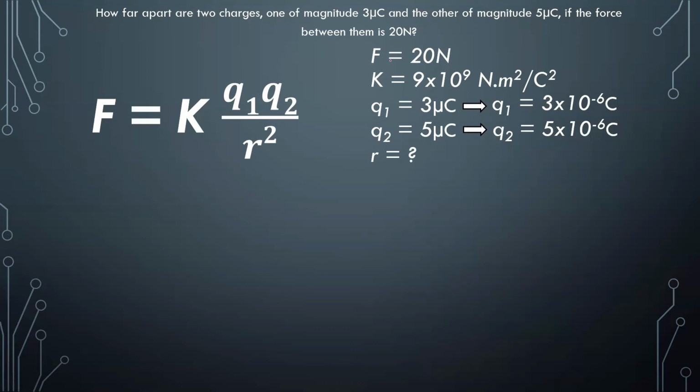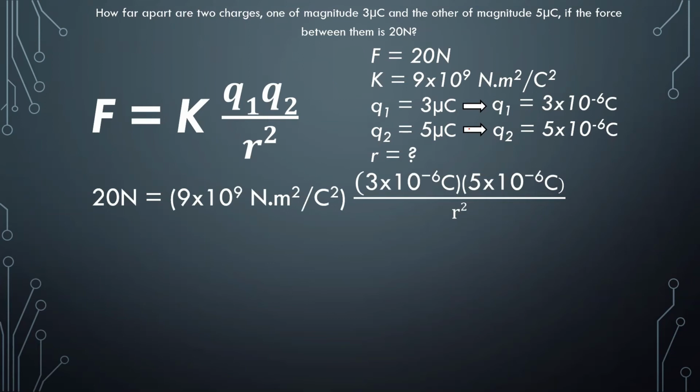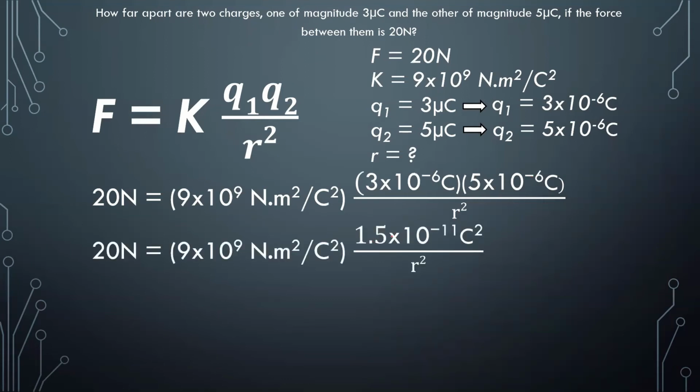Our force is now in Newton. The constant is already given. Q sub 1 and Q sub 2 are in coulomb. So now we can solve for the distance. Substitute lang natin: 3 times 10 to the power of negative 6 times 5 times 10 to the power of negative 6 is equal to 1.5 times 10 to the power of negative 11 square coulomb.